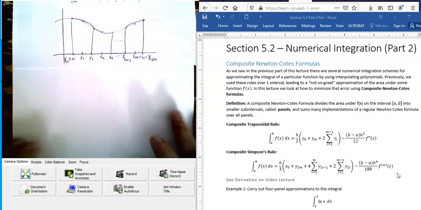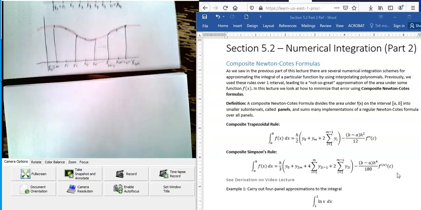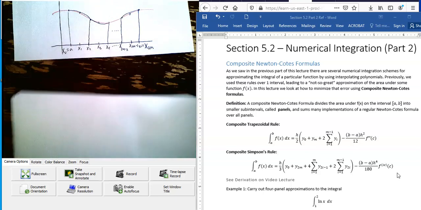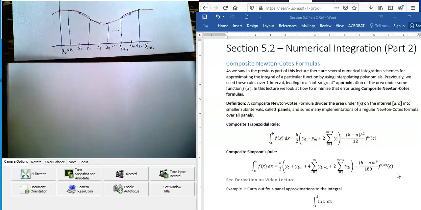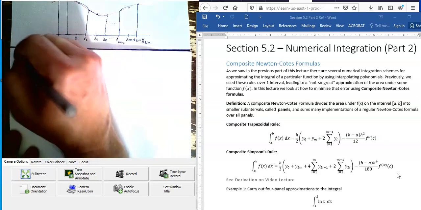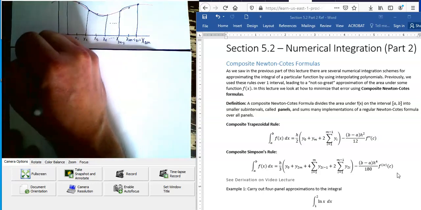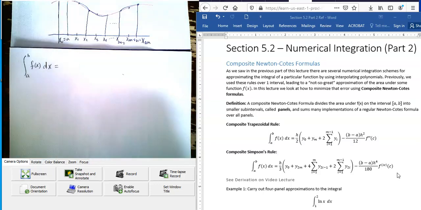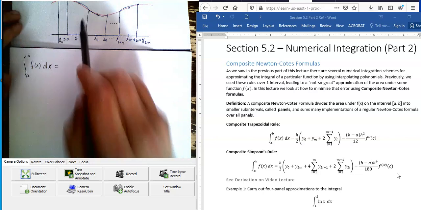So we can generalize the integral just like we did with our trapezoidal rule, using our Simpson's rule formula for each panel. The integral from a to b of f of x dx is equal to the sum of all of these areas.